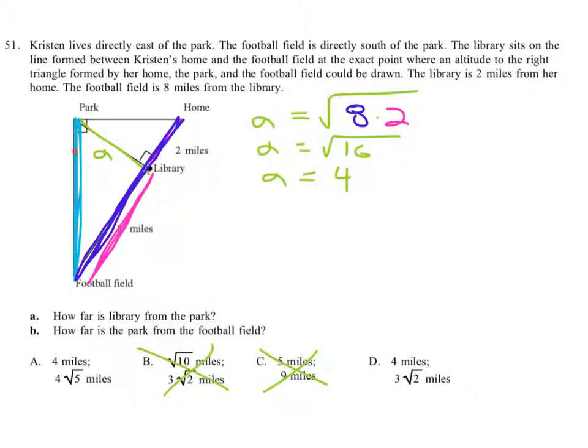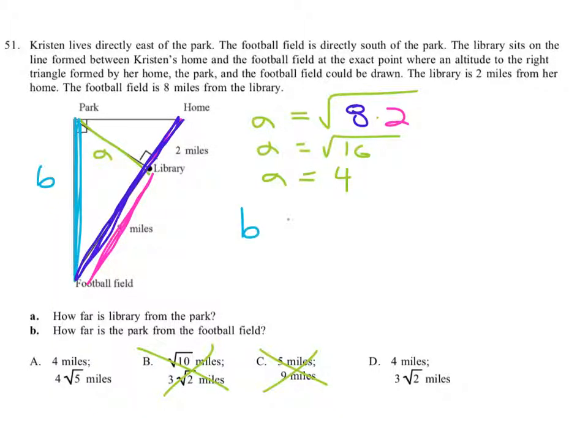Since we're looking for this side, we want that segment times the whole thing. So we can call that blue distance B. Okay, let's do it.